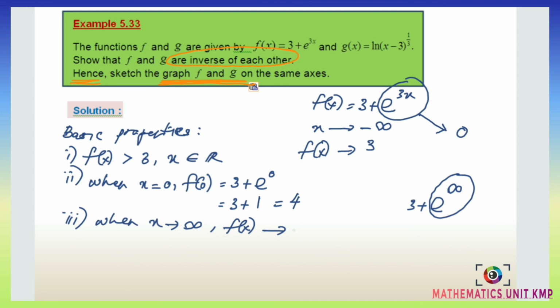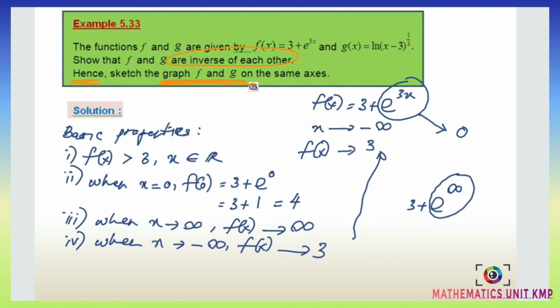So, f(x) approaches infinity. And the fourth, when x approaches negative infinity, f(x) approaches 3. Now, we can sketch the exponential graph.